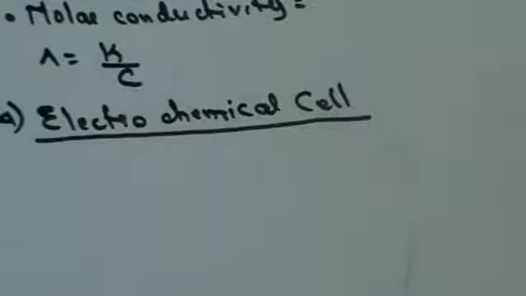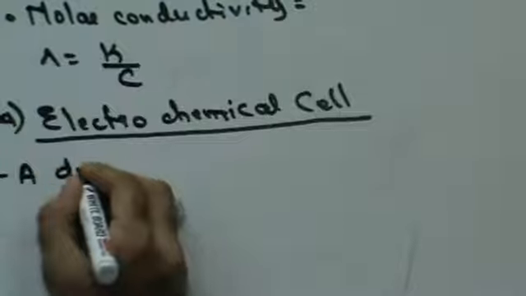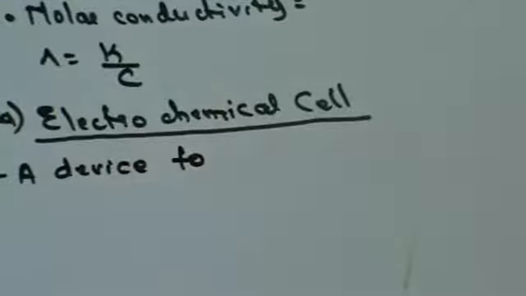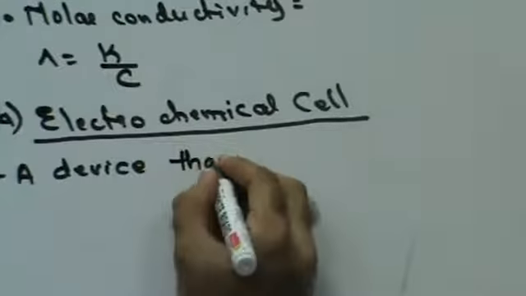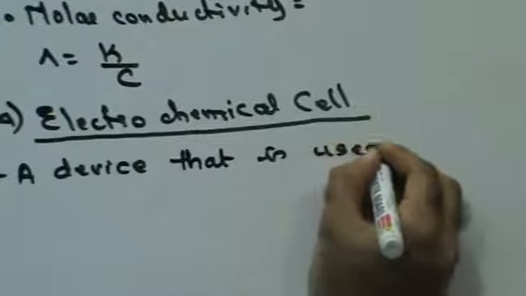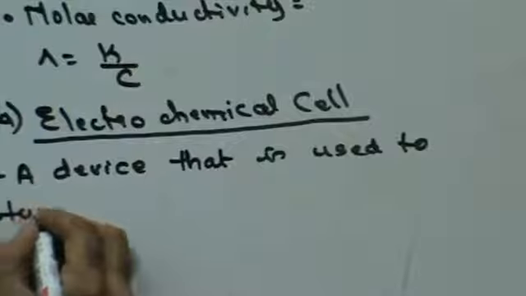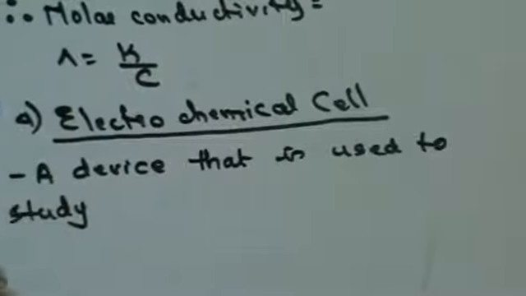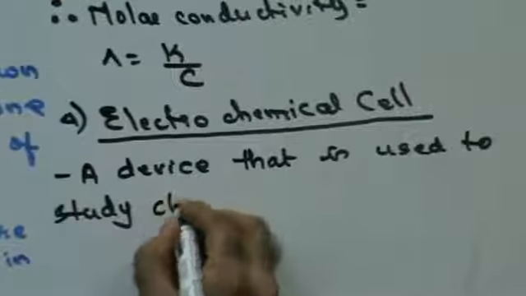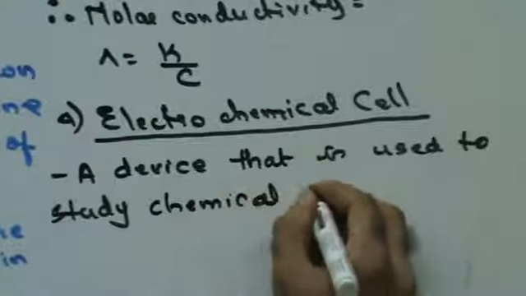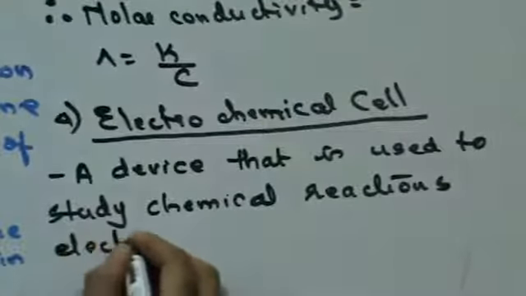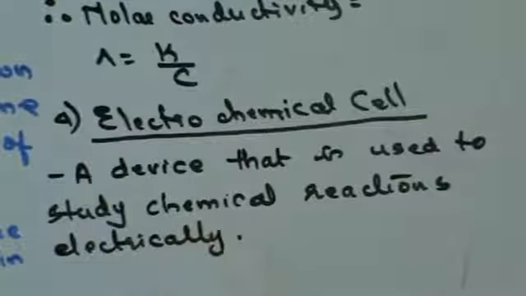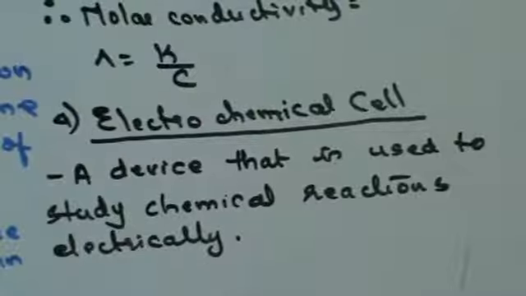So what is an electrochemical cell? It is a device that is used to study chemical reactions electrically. If I want to study chemical reactions electrically, the device used is called an electrochemical cell.